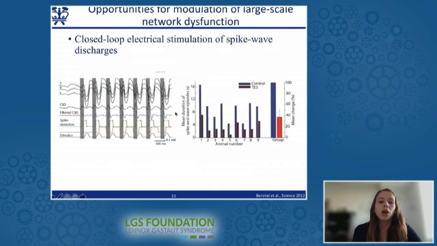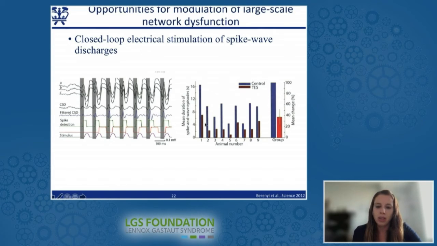And so a clue to what might be going on here mechanistically actually comes from work with another group and actually extends the significance to LGS, because this group was working on a rodent model of spike wave discharges. What they did is they detected the epileptic spikes and then delivered Gaussian stimulation immediately afterwards.